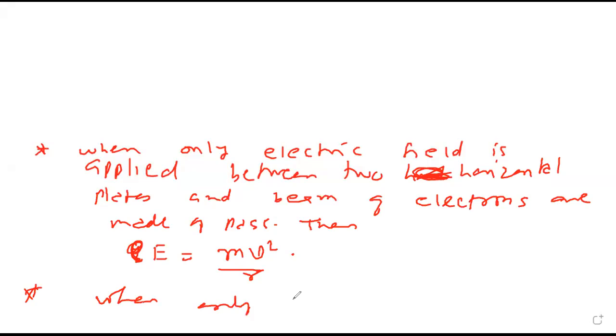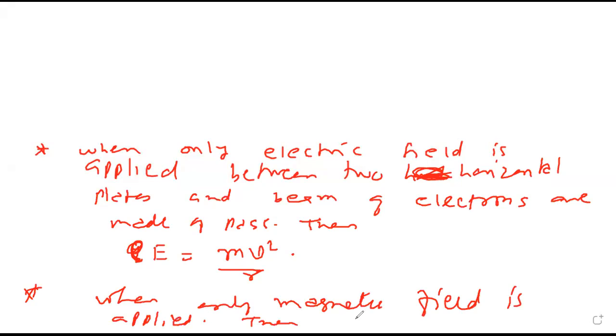And when only magnetic field is applied, then evB equals mv square by r. Okay, just copy these two points.